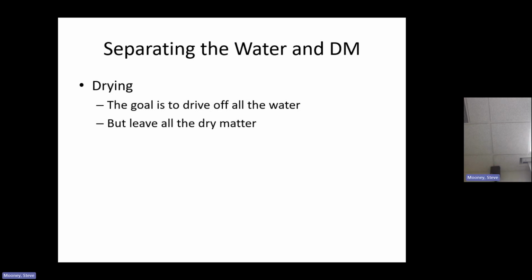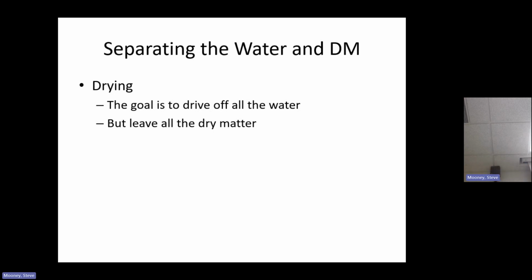We also don't want to get it so hot that we start to burn the dry matter. If we burn, respire, and then what happens? Where's that dry matter go? Ooh, right? Goes up in the air. If we're doing a measurement, we burn the dry matter like we might in a microwave. We burn that dry matter, and then we weigh our sample again.